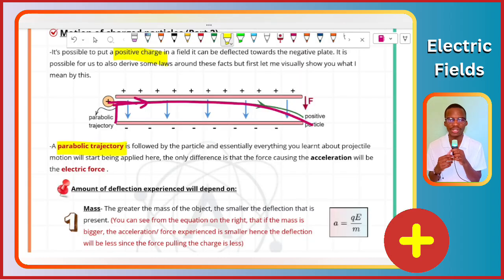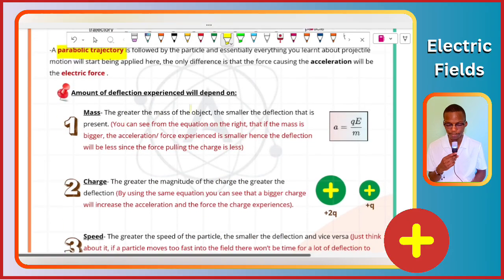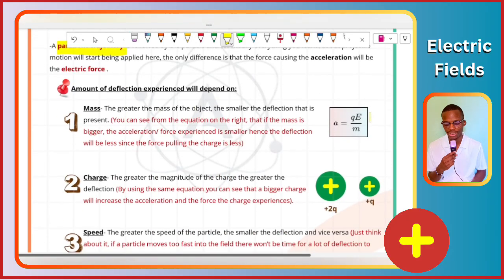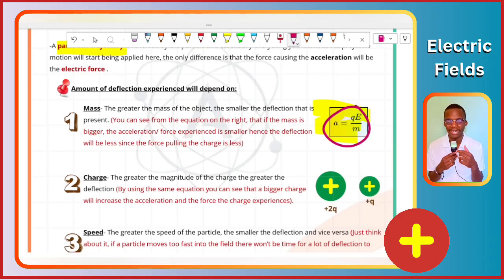But you can now use the equations Vy is equal to uy minus gt, all the equations that we had. You can find the height, you can find the range, how much it has moved, and you can find the time taken. All the equations that you're used to, you can apply them. So just keep that in mind, and the acceleration can easily be found using this formula, a equals QE divided by m.